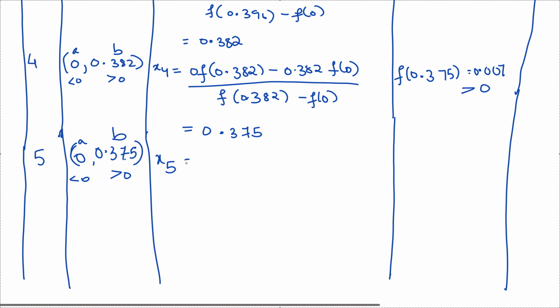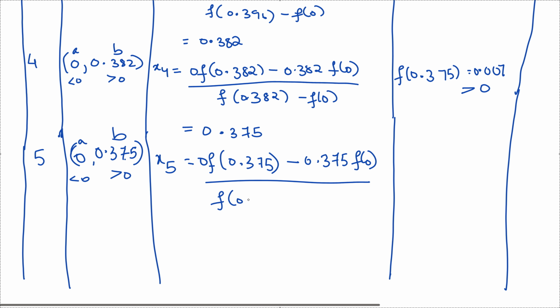So x5 is equal to 0 into f of 0.375 minus 0.375 into f of 0 divided by f of 0.375 minus f of 0, which is equal to 0.372.